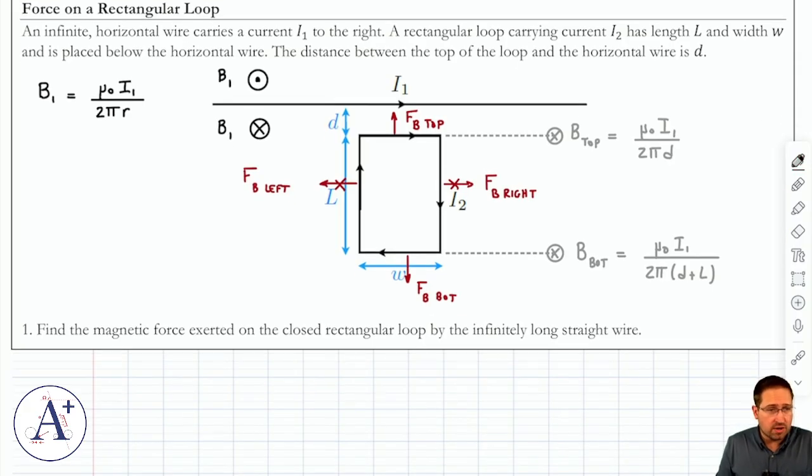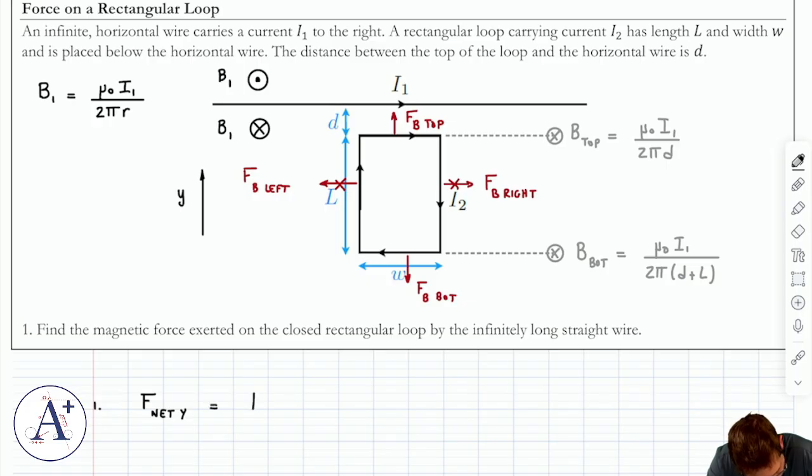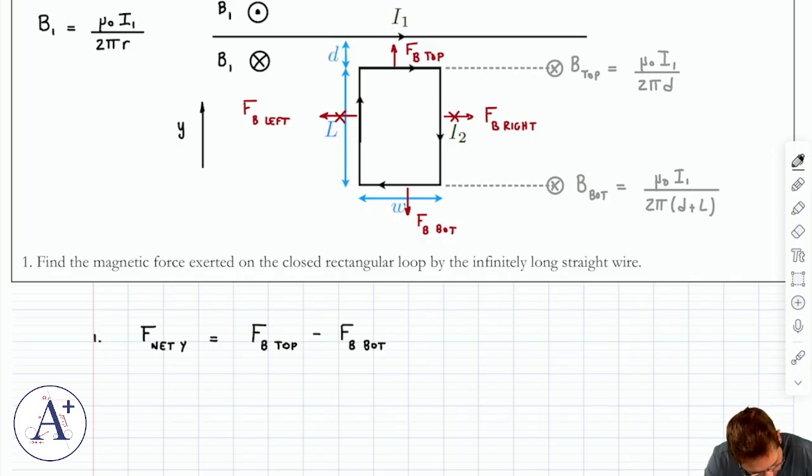Okay, so then the only thing left is to say, let's choose y as upward perhaps, that the net force in the y direction is equal to FB top minus FB bottom. Well, what is FB top?